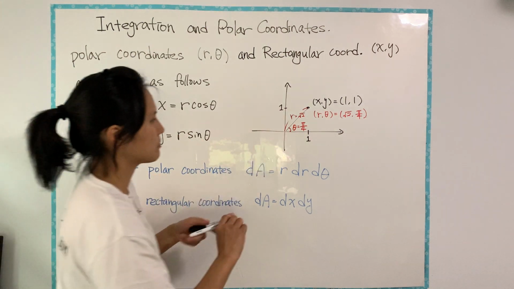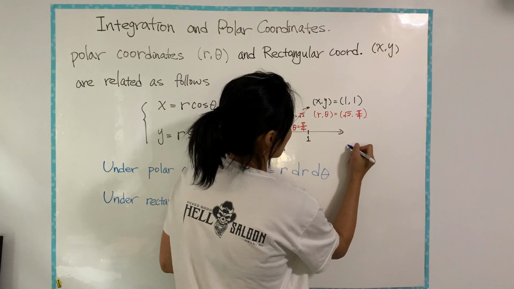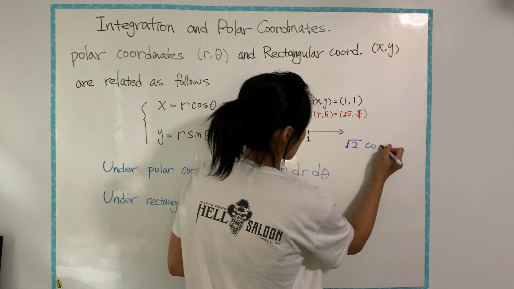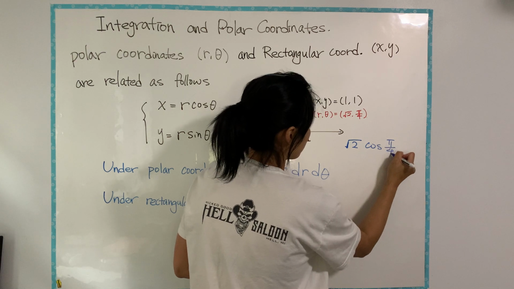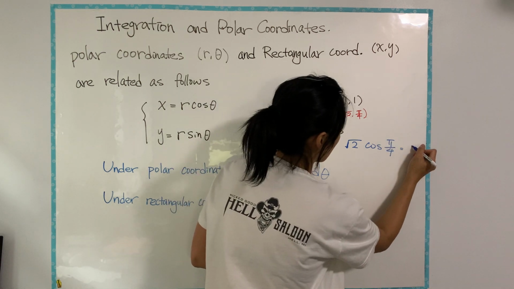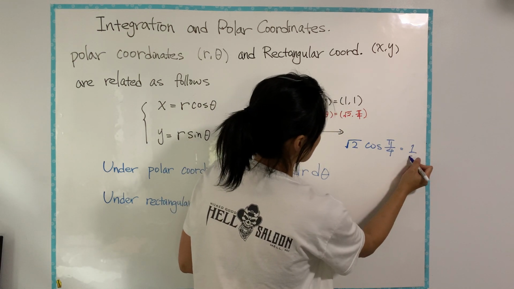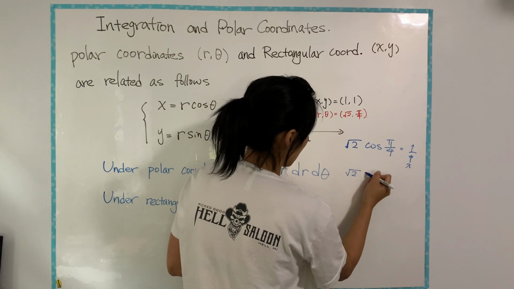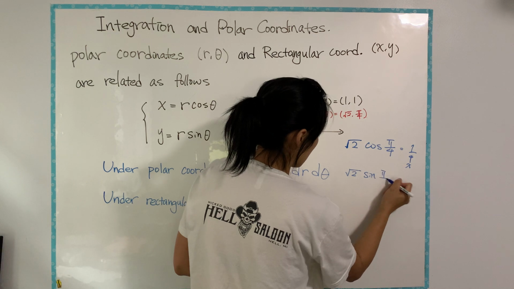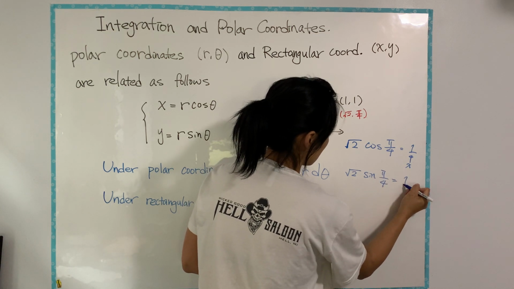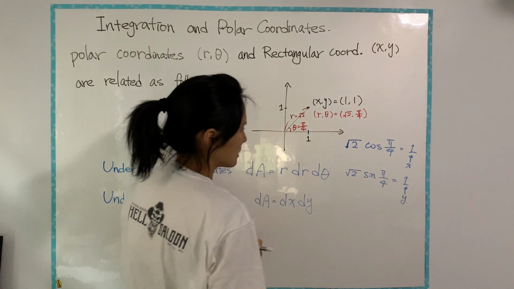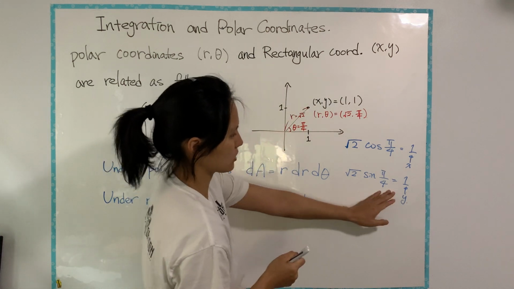In this example, if you compute root 2 times cosine of pi over 4, you will find that this is equal to 1. That is the x coordinate. Similarly, if you do r times sine of theta, you again find the y coordinate, and this is equal to 1.